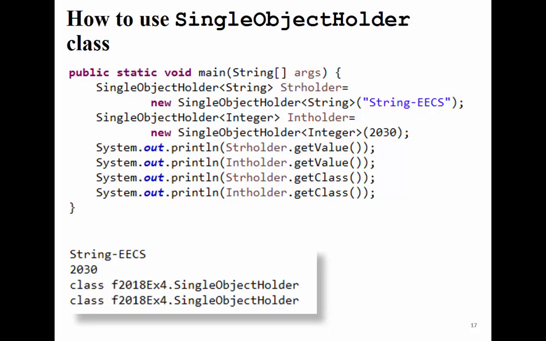You say, I want an array list of customers. Only customers can be inserted inside this array list. You see here, inside the angular brackets, we provide String and Integer. String and Integer are objects, not primitive types. We can use only objects with generics.